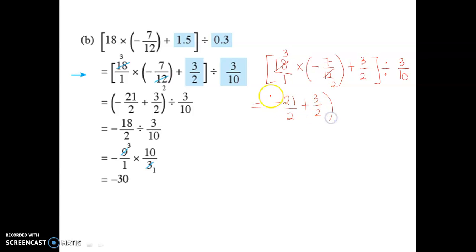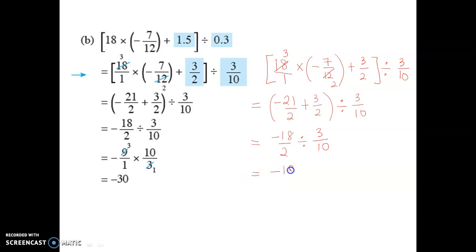You still have a bracket, and then divide by 3 over 10. Still you have to solve everything inside the bracket. Addition involving fractions, the denominator must be the same value. For this case, already the same value, so you just calculate negative 21 plus 3, you will get negative 18. Divide by 3 over 10.